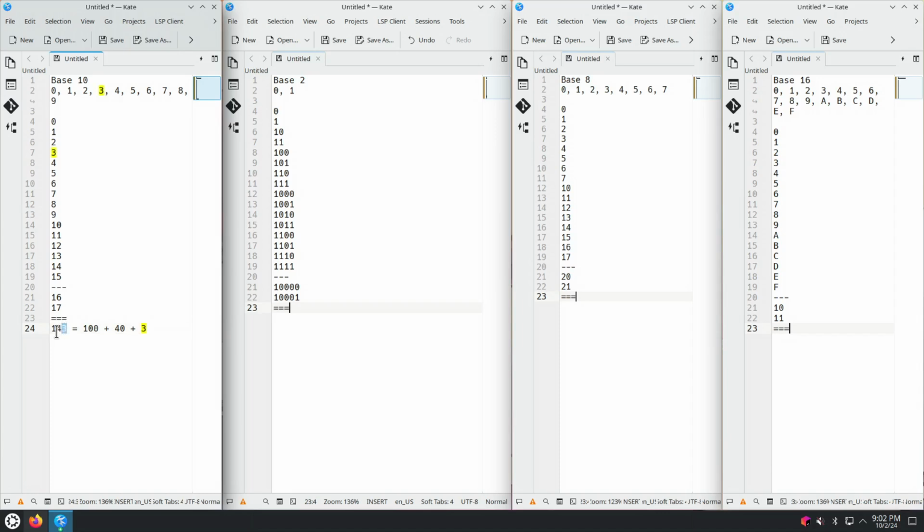The position in which the digit occurs is important. This 3 will be multiplied with 10 at the power of 0. The second digit in importance, which is 4, will be multiplied by 10 at the power of 1. And the third in the order of importance is going to get multiplied with 10 at the power of 2.